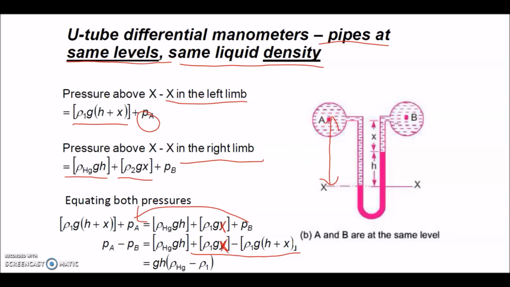Why do you get only density 1? Because we can cancel here for X. Simple mathematics. You can try cancel and you get simplified as GH, gravity times height times density mercury minus density 1.